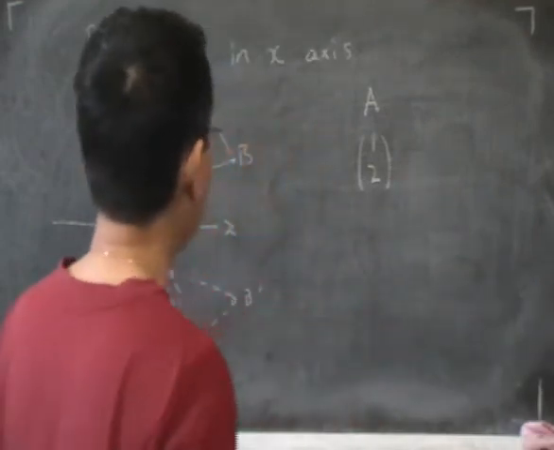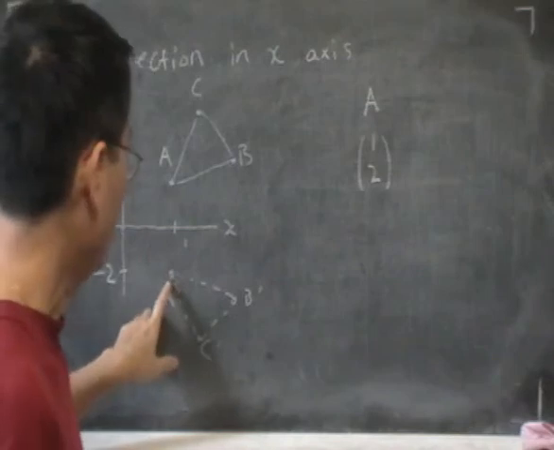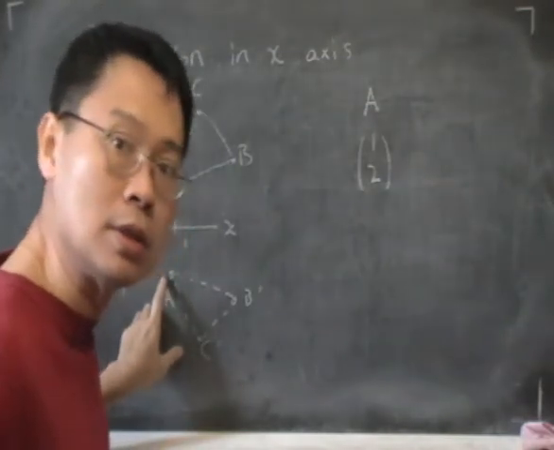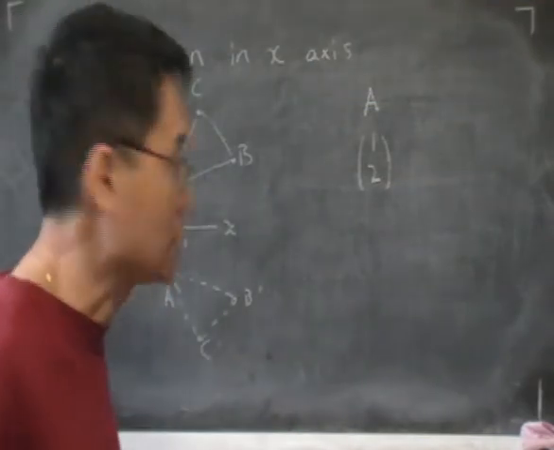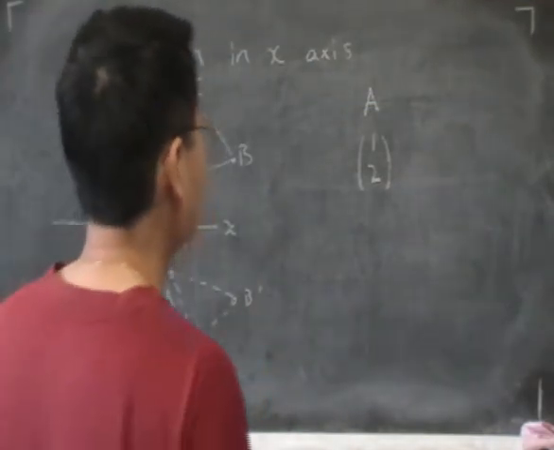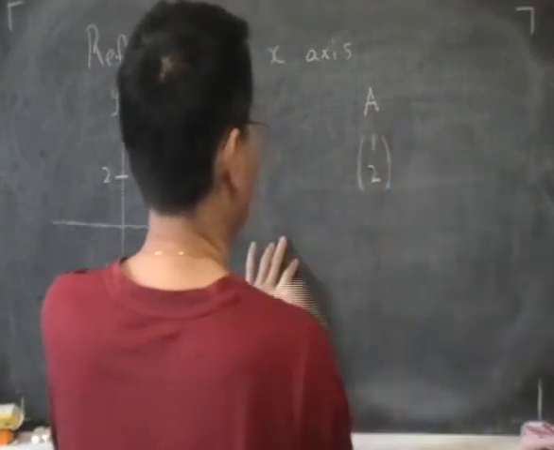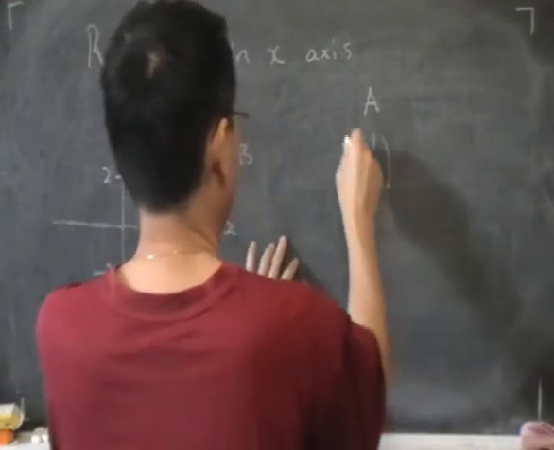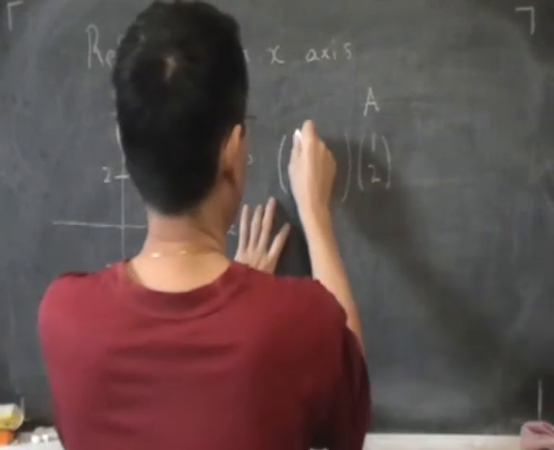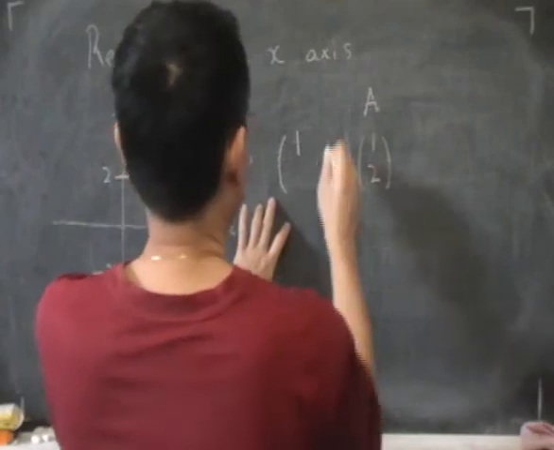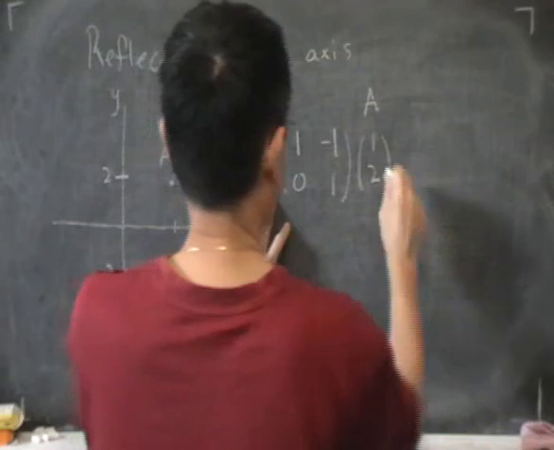Okay, I want to find the position of A prime, the position after A is reflected in the x-axis. And the way to do it using matrices is to multiply this 1, 2, this column vector, by a matrix. And that matrix is 1, minus 1, 1, 0.